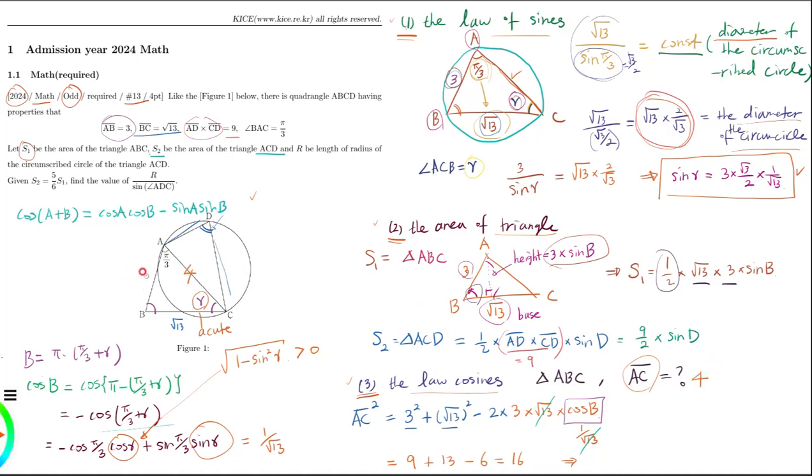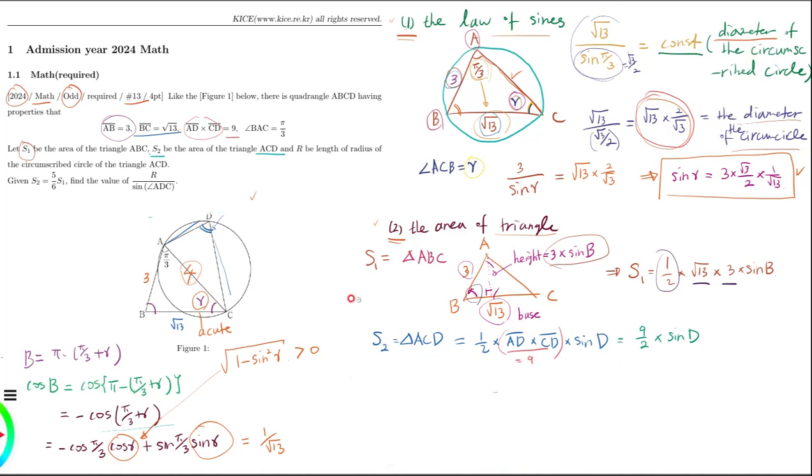So we extracted another length, the side AC, which is 4. And let me go a little bit further.